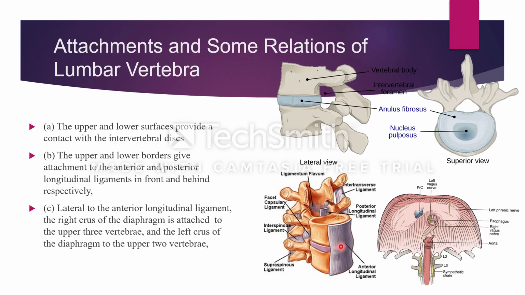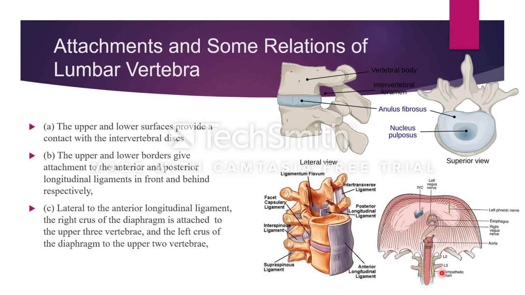Lateral to the anterior longitudinal ligament, we have the right crus of the diaphragm. See here, these are the crura of the diaphragm. The right crus of the diaphragm is present lateral to the anterior longitudinal ligament, and it is attached to the upper three vertebra, and the left crus of the diaphragm is attached to the upper two vertebra only.